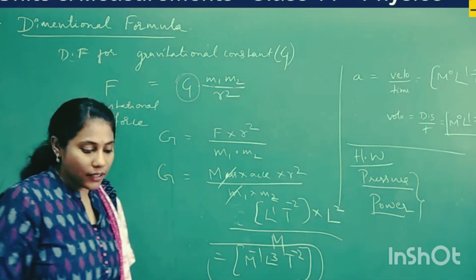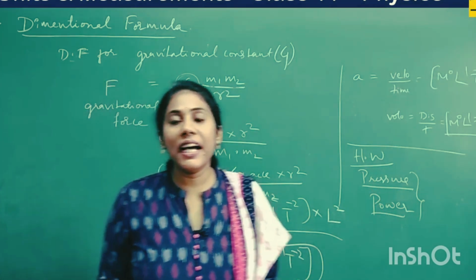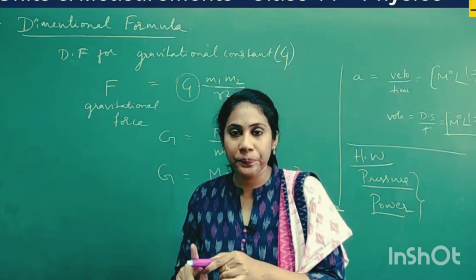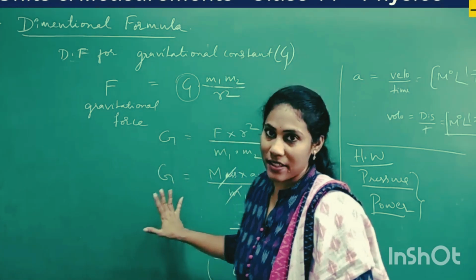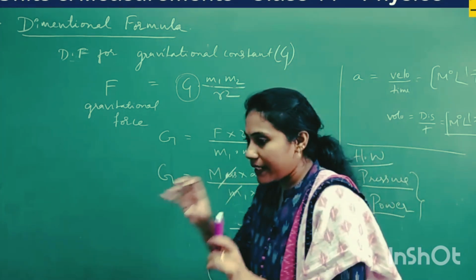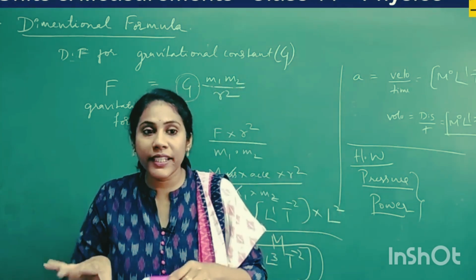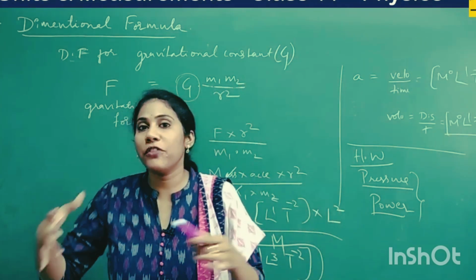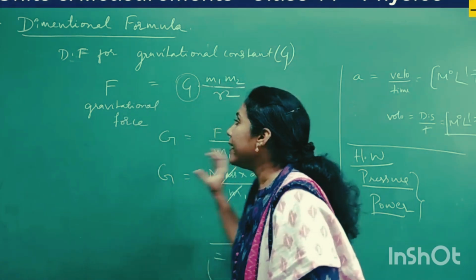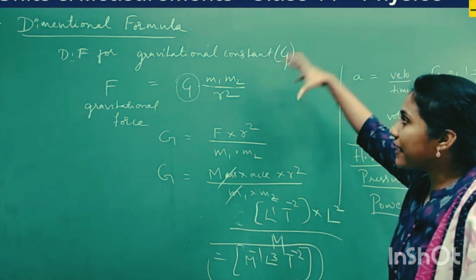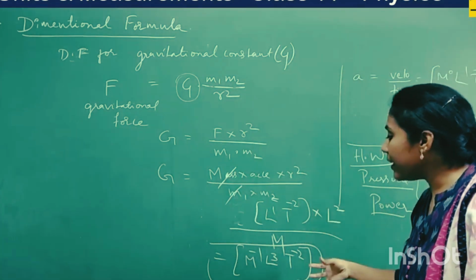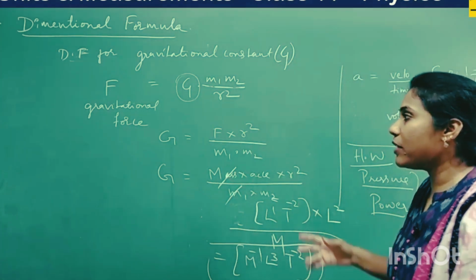So I think with this you got an idea about units and dimensions. We got a basic idea about units, what the different units are for different physical quantities, and what we mean by dimensional formula and how you can write it.